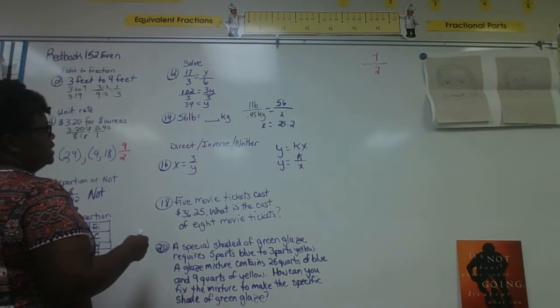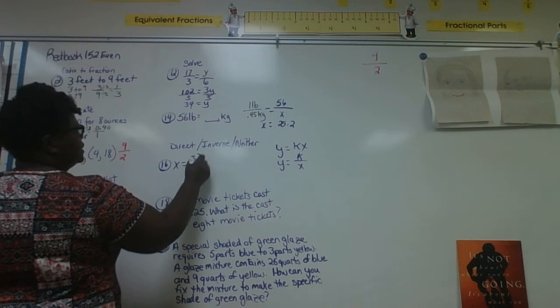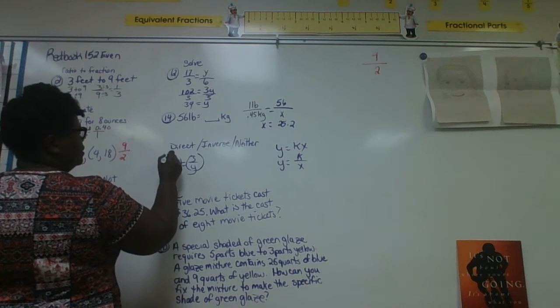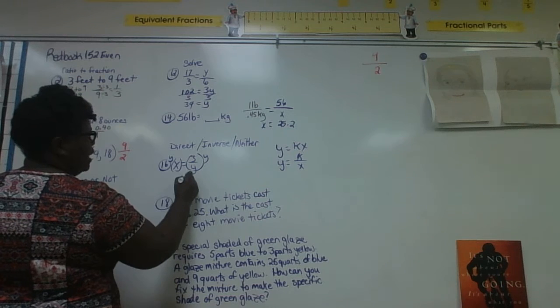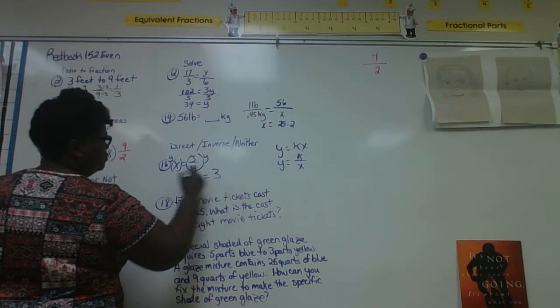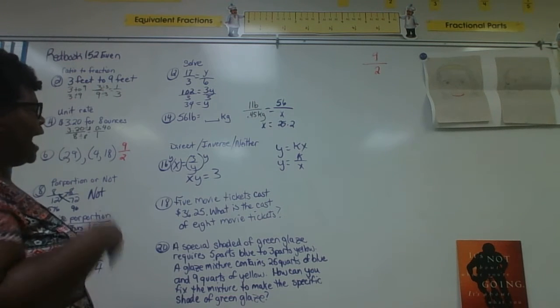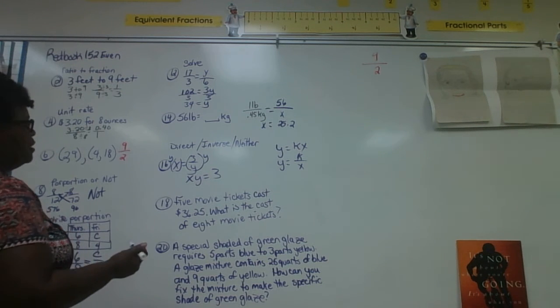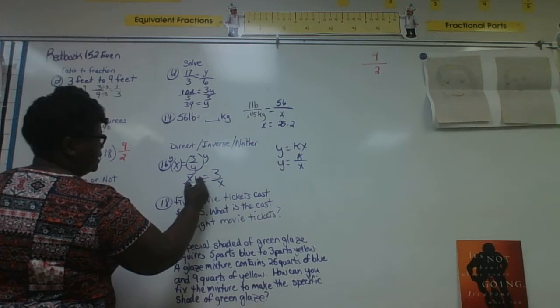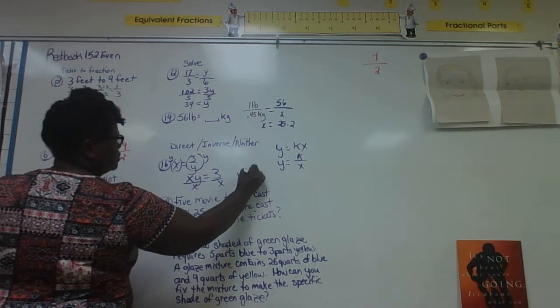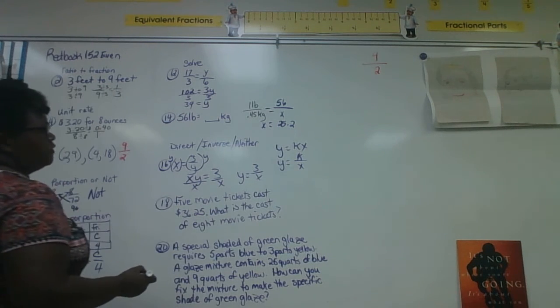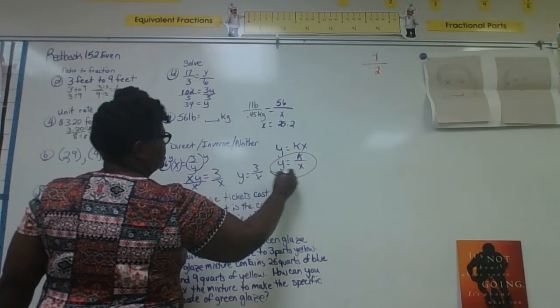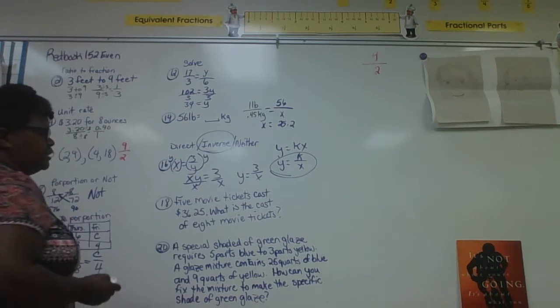So let's do this. Instead of dividing by y, let's multiply both sides by y. Therefore, we have xy is equal to 3. Now that we have y out of the denominator, let's separate it from the x by dividing both sides by x, and therefore y is equal to 3 over x, and therefore we have a match, ladies and gentlemen. We have an inverse operation.